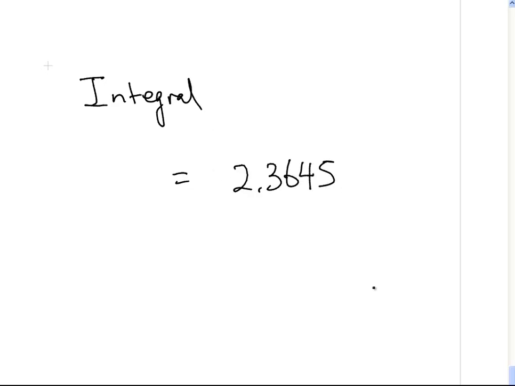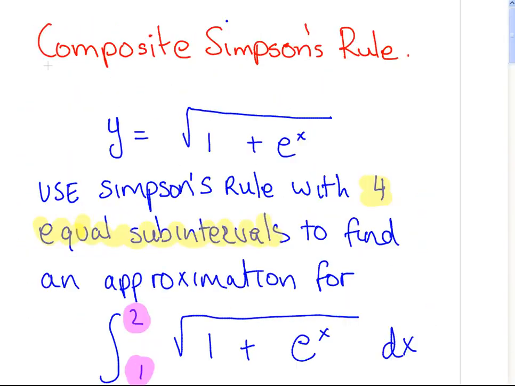Working that out, the integral comes to 2.3645. So that is the Simpson's rule. We used Simpson's rule to find an approximation for that integral, and we found an approximation of 2.3645.